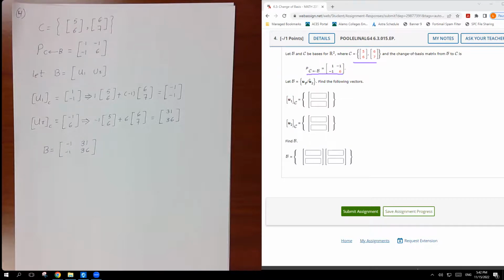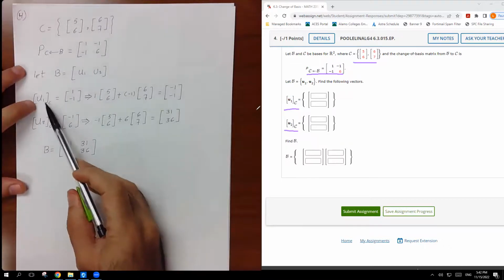They're telling you let B be U1 and U2. Then we're going to find the coordinate vector U1 with respect to the base C. That means we need to find the coordinate vector U1 to the base C and the coordinate vector U2 to the base C. That's what we're doing here.